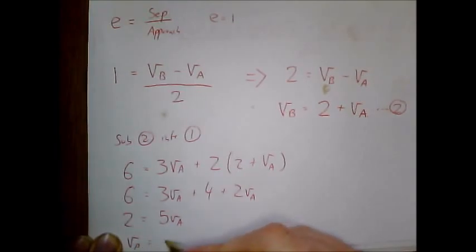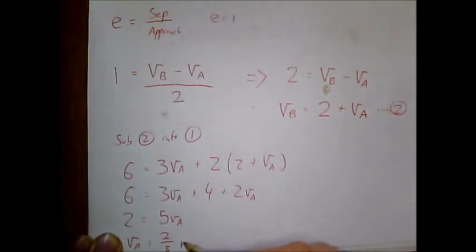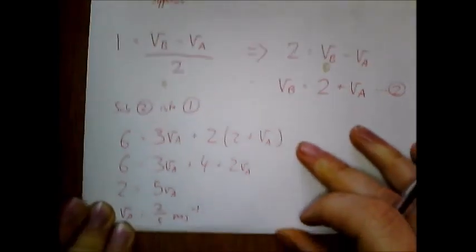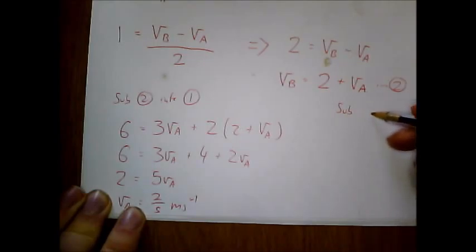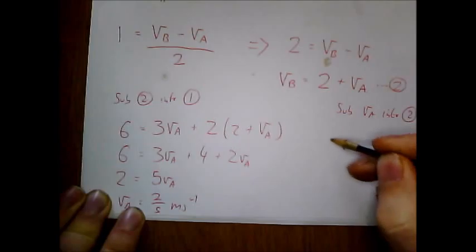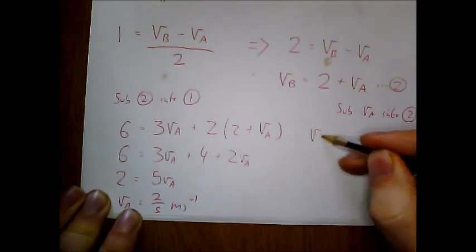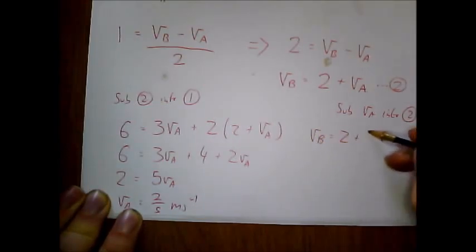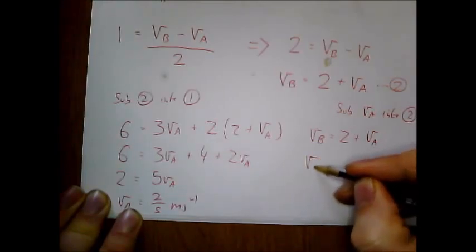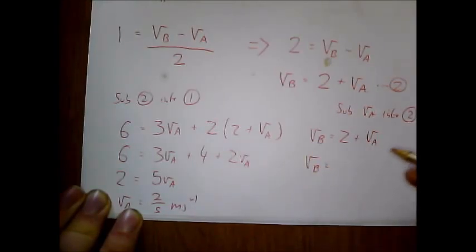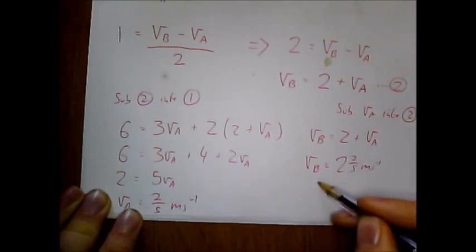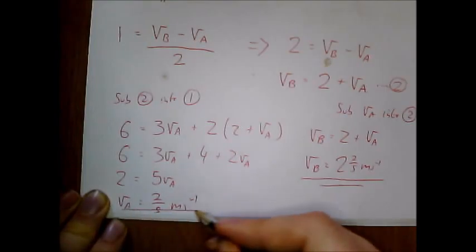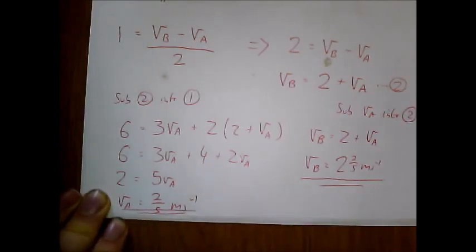So VA equals 2/5 meters per second. Then we can substitute VA into 2: VB equals 2 plus VA, so VB is equal to 2 2/5 meters per second. And that is part 1 done for question 5.